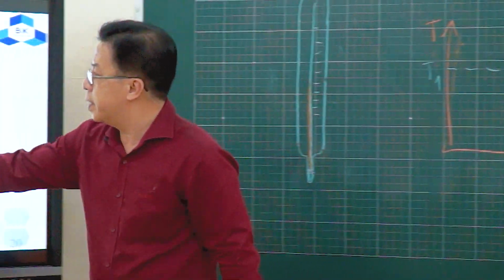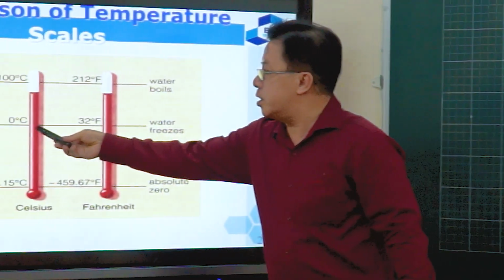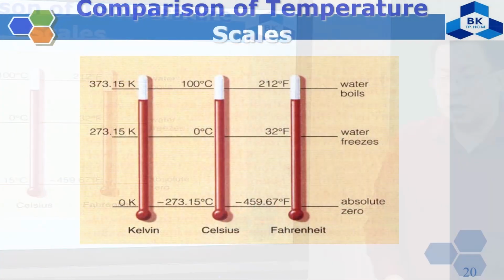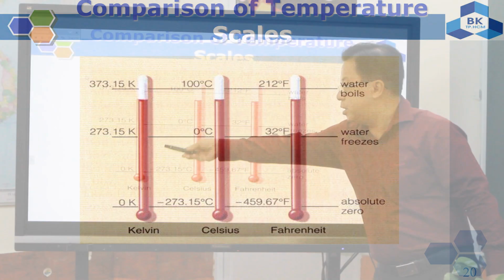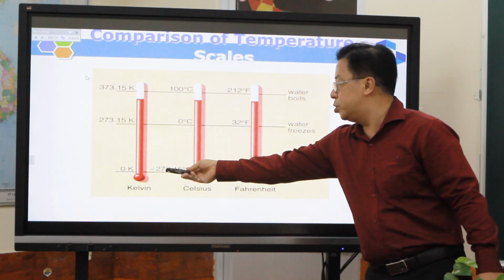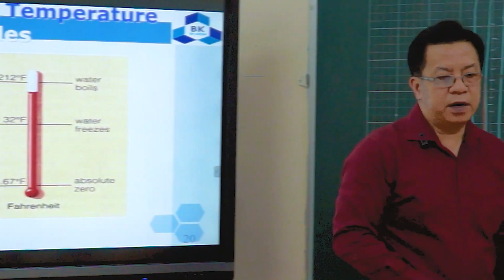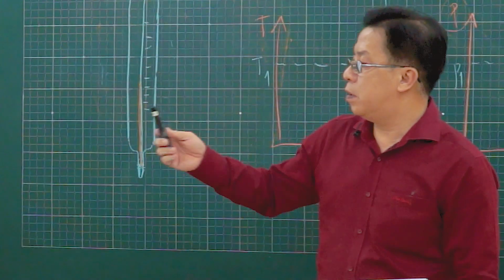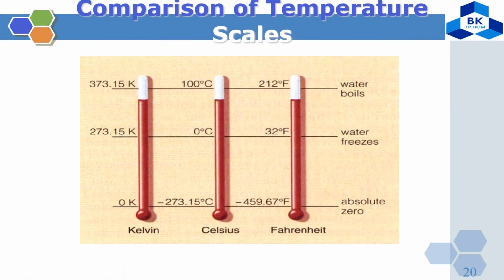And in the Kelvin system, 0 Celsius degrees is equivalent to 273 Kelvin. And 0 Kelvin, 0 K, is equivalent to minus 273.15 degrees Celsius. Okay, so this is some basics.